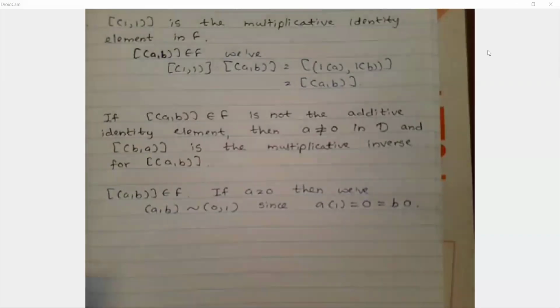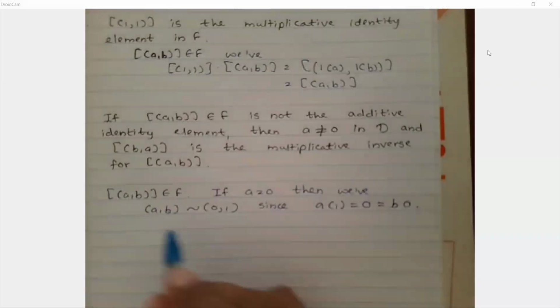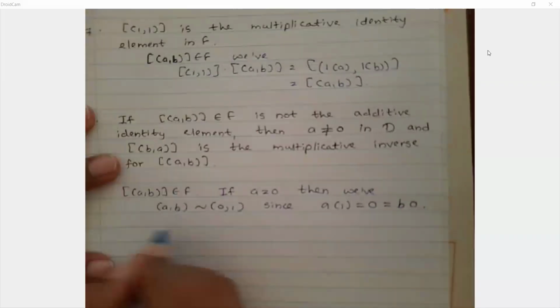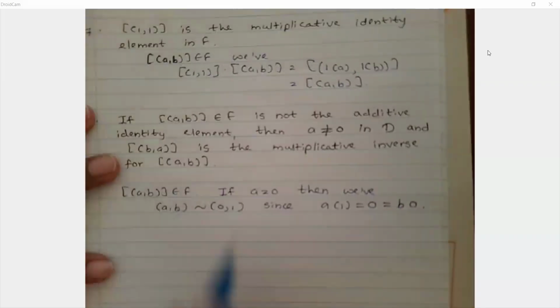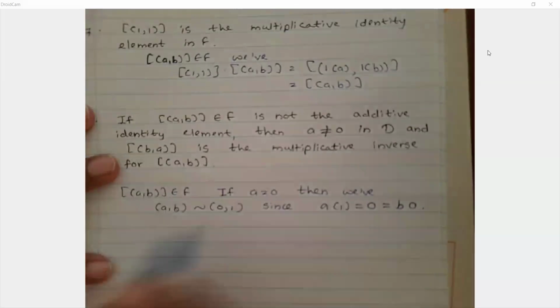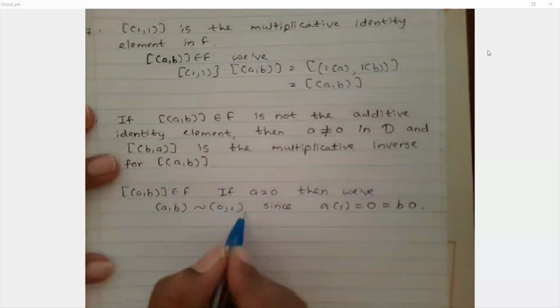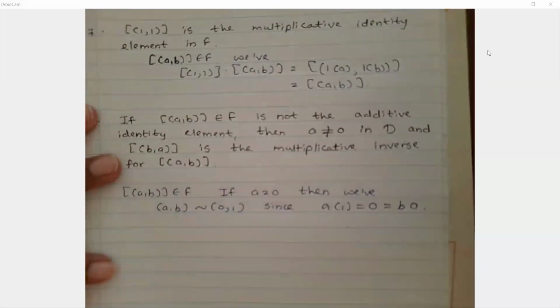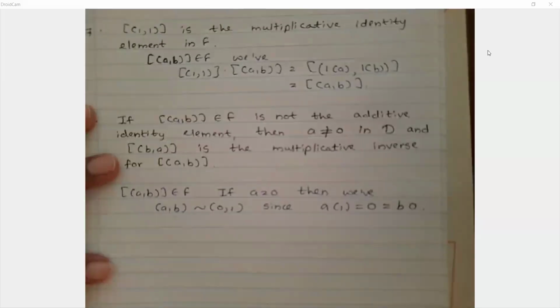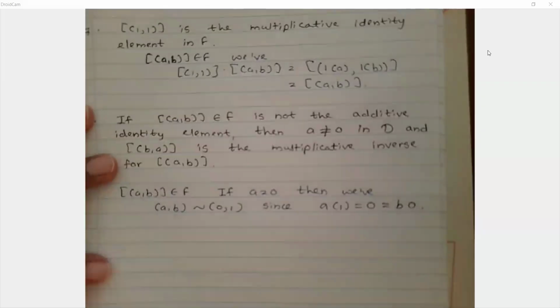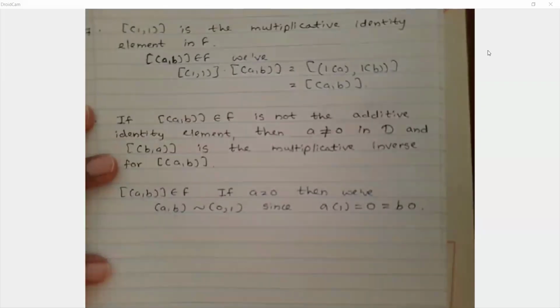This tells you if A is equal to 0, these two are equivalent. In other words, the equivalence class of AB is the same as the equivalence class of 0, 1. And we know that this is the additive identity in F, which we proved earlier. Right? So if you want this element to not be the additive identity, we must have A to be non-zero.